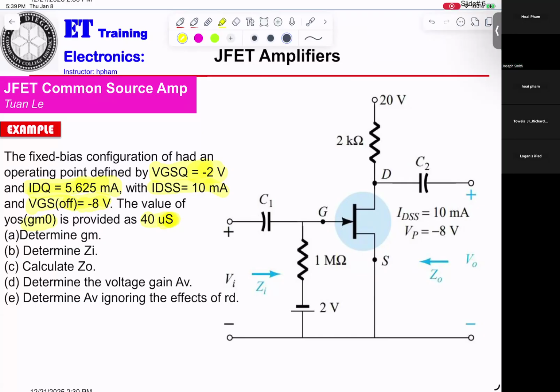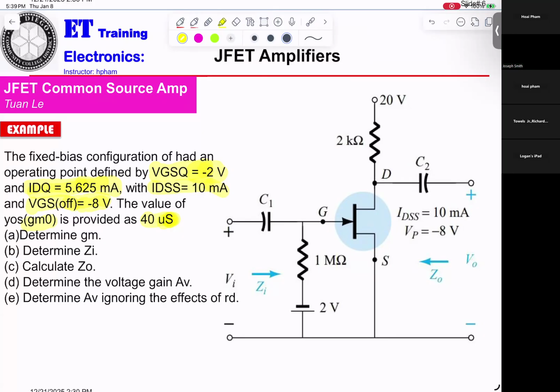See, on that one, we don't have a load. You only get 2K ohm connected to the 20 volt, which will be grounded. So Zout is just 2K then, right?